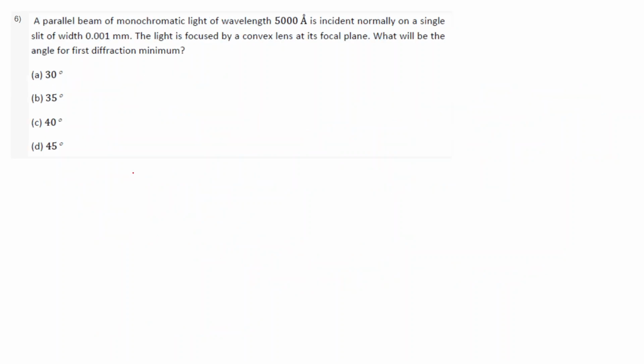Okay, the sixth question is: a parallel beam of monochromatic light of wavelength 5000 angstrom is incident normally on a single slit, and the slit width is 0.001 millimeter.